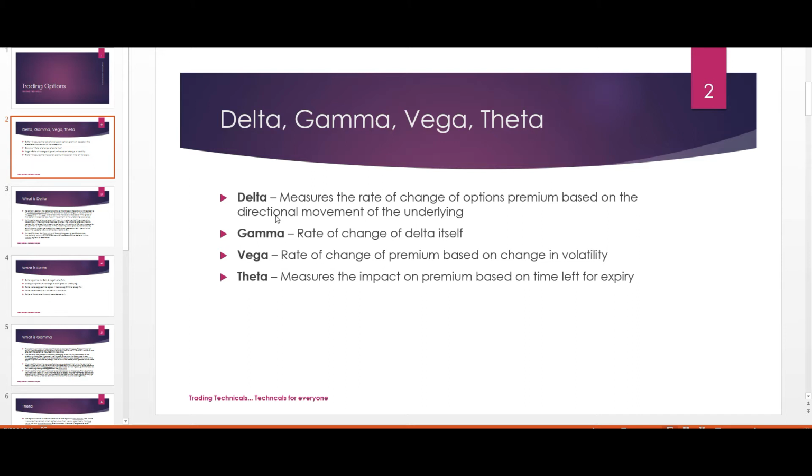Gamma is basically the rate of change in delta itself, so it is the acceleration happening in delta. Vega is the rate of change of the premium based on the change in volatility. And theta measures the time to expiration. These are the 4 important things which we always see, and this data is available with some of our brokers. However, most of us don't understand this data, and hence we avoid it. But let's understand what delta is.